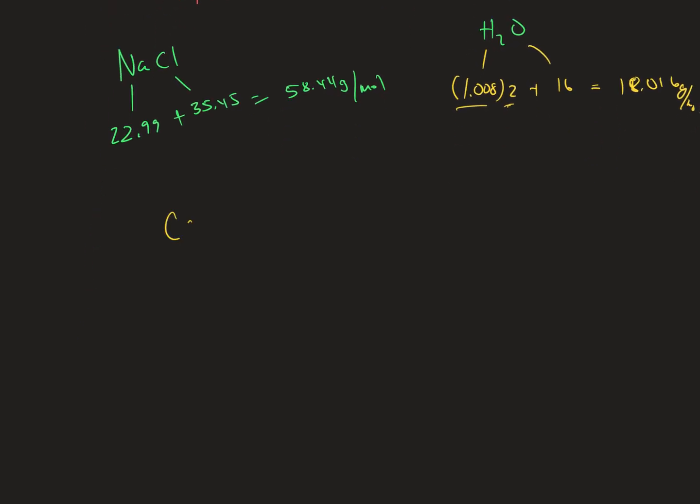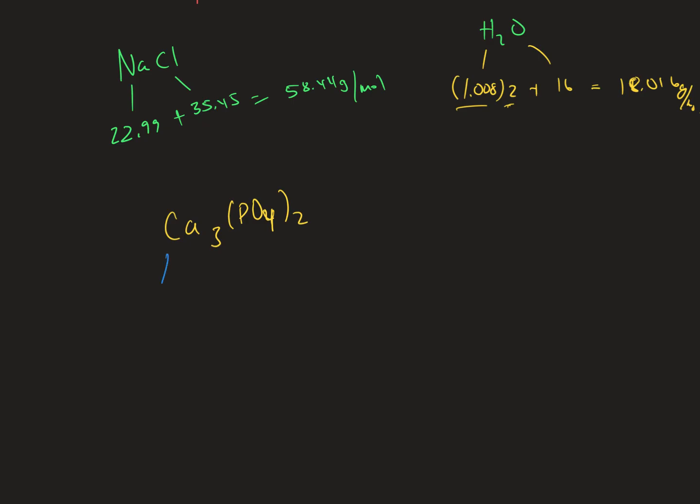This is on your worksheet, section 14. Ca3(PO4)2. Who can tell me what that's called? You have to know what that's called. So what's it called? Calcium phosphate. Okay. All right.